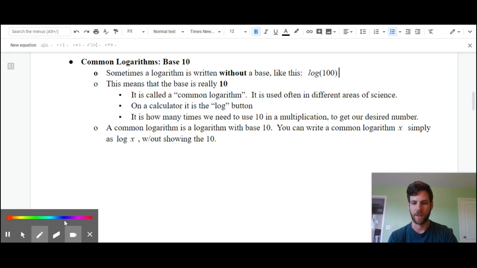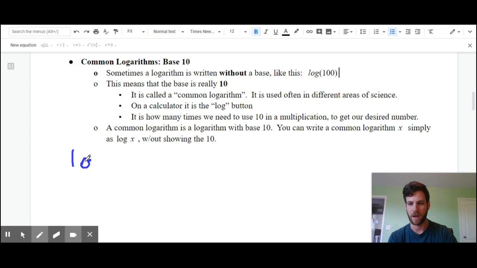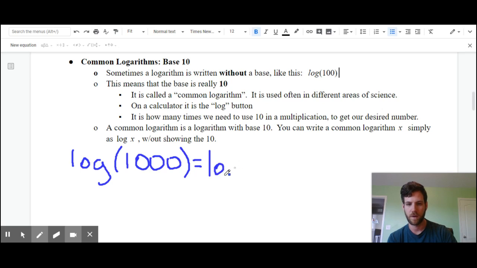Another example would be if we have log of 1,000. We know that is the same thing as log base 10 of 1,000. From there, all we need to think about is 10 to what power is equal to 1,000?